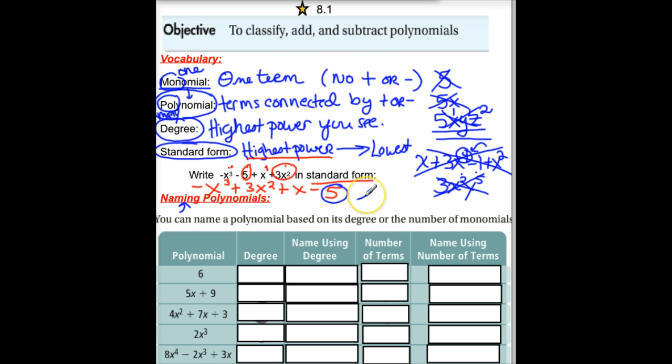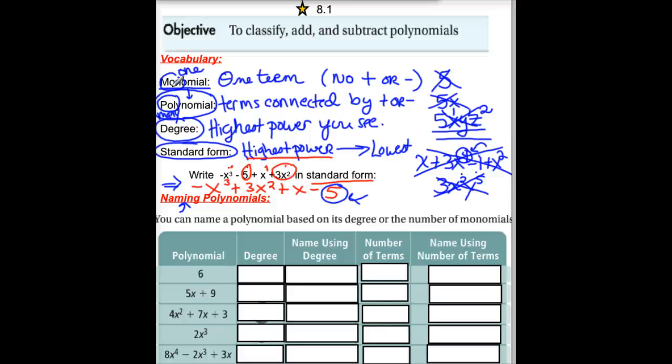This right here gets a special name because no matter what x is, if I were to tell one of you to evaluate this or go to your calculator and plug a 10 in for x, you'd go negative 10 cubed plus 3 times 10 squared plus 10 minus 5. If I were to tell someone else to put in a 7, they'd do negative 7 cubed plus 3 times 7 squared plus 7 minus 5.